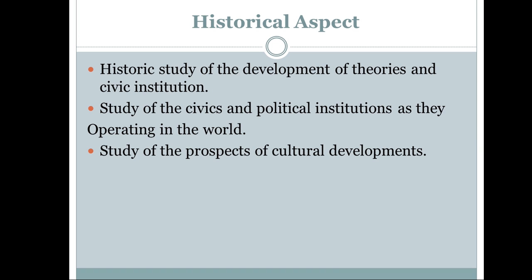Study of the civics and political institutions as they are operating in the world, that is of present time, of the past, the present, and the study of the prospects of cultural development that will be in the future. So the historical aspect of civics is something which helps us to know about the past, present and future.